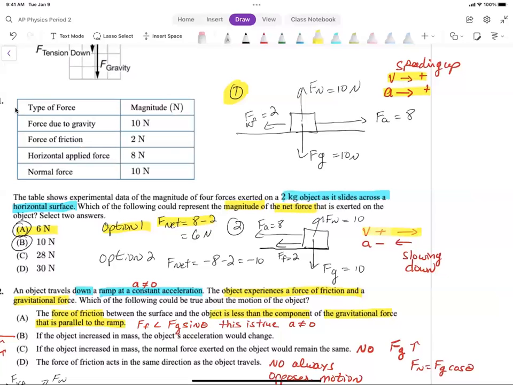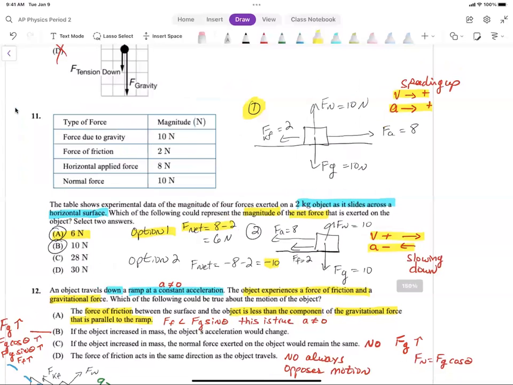Okay, well, velocity could be positive to the right, and my force applied to the left, so I'm actually slowing down in this situation. So my net force is negative 10 newtons because both my force of friction and force applied are negative. But they ask for the magnitude of the net force, therefore it's 10. So that one was tricky.